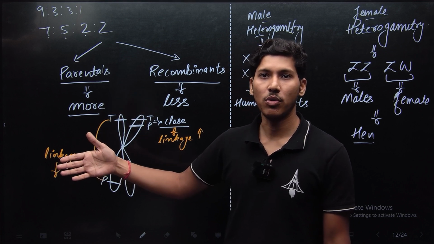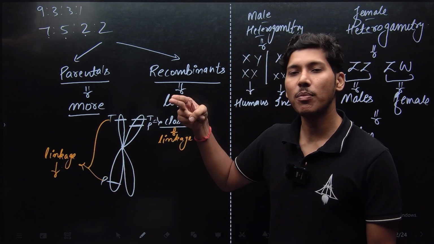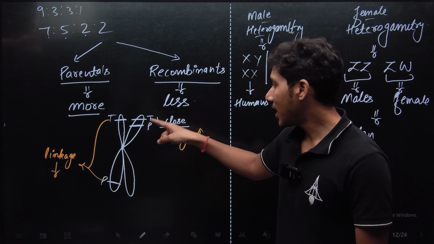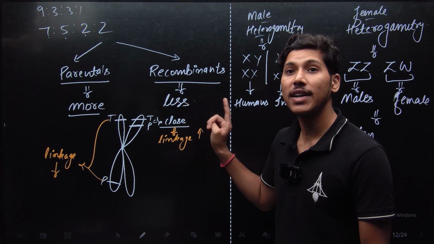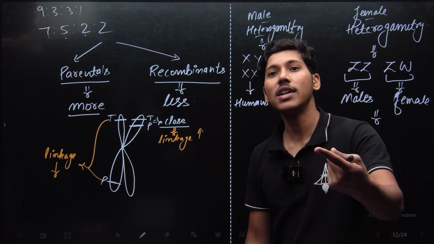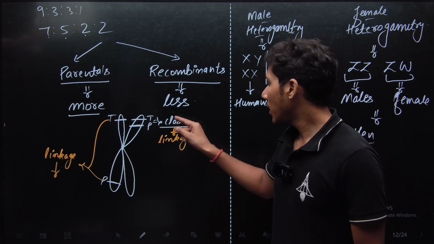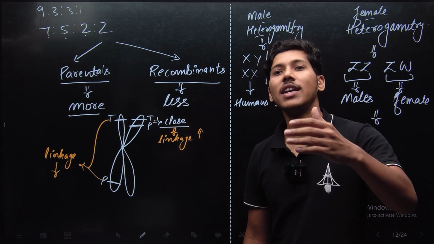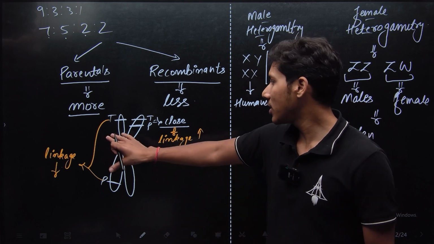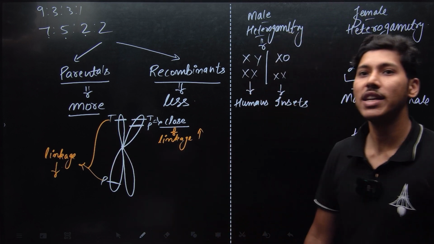And if the genes for both the characters are present on the same chromosome and very close to each other, then the extent of linkage will be higher and the amount of recombinants will be very less. Okay? So if genes are close, then linkage is more and recombinants are very less. If genes are far away, then linkage is less and recombinant frequency is very high.